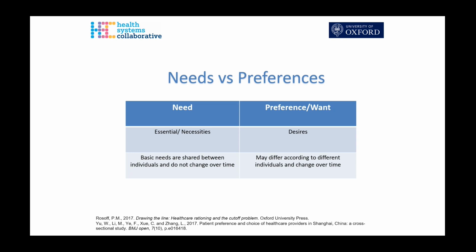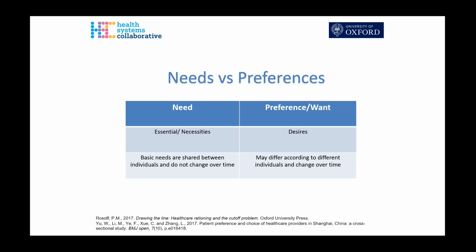One way to think about it is to view needs, as we have mentioned, as essentials and necessary for survival, and the non-fulfillment of them can lead to adverse outcomes. Whereas preferences are viewed as a kind of desire or wishes that are not essential for survival and do not cause any adverse outcome apart from sometimes mental distress.